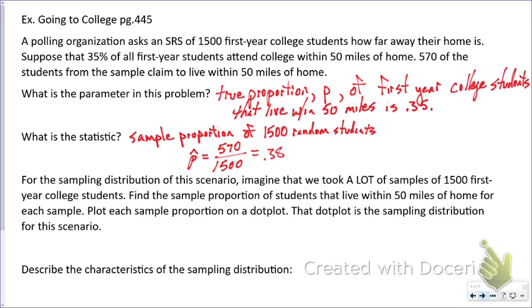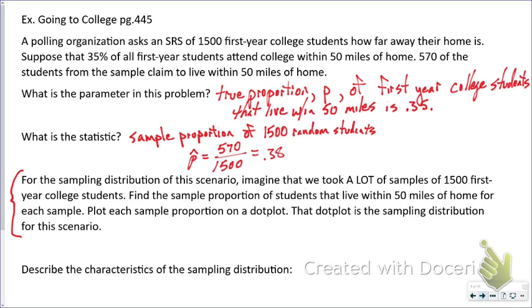So this next paragraph right here is me attempting to describe a sampling distribution. This doesn't have to be typed in the problem to understand what they're asking for, but because this is our first sampling distribution problem, I felt the need to write this.